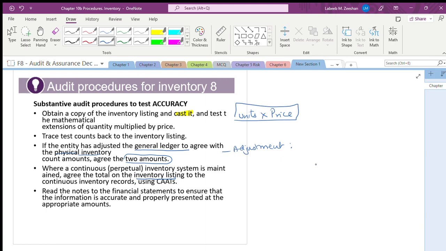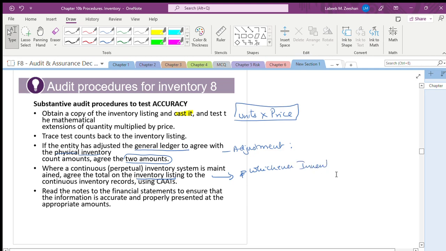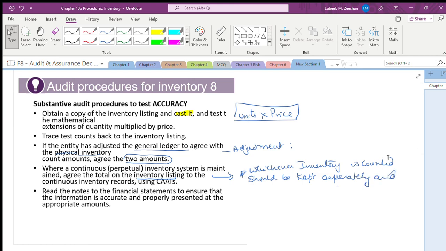Whenever there is a continuous inventory, whichever inventory is counted should be kept separately and flagged off.